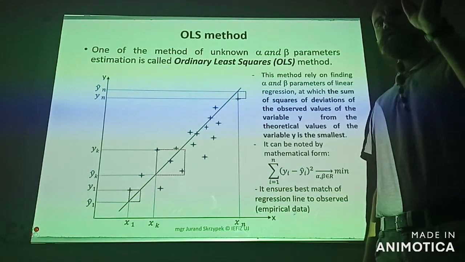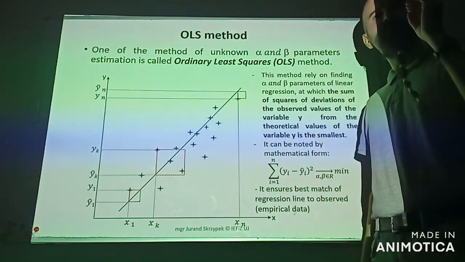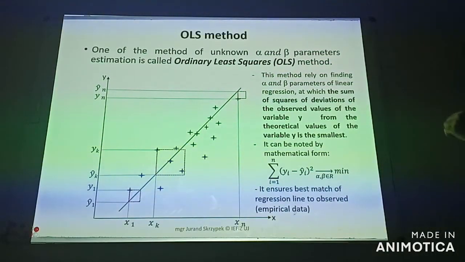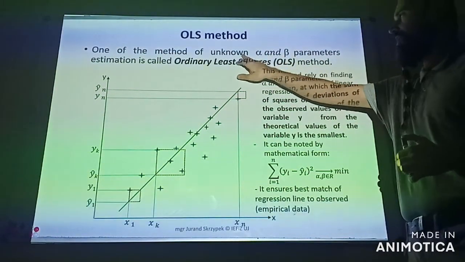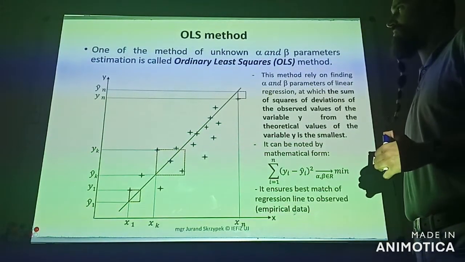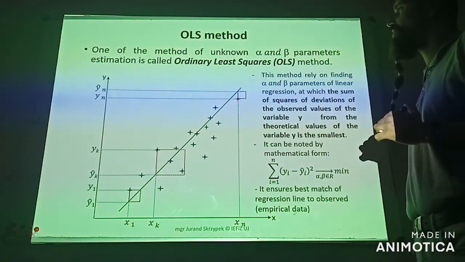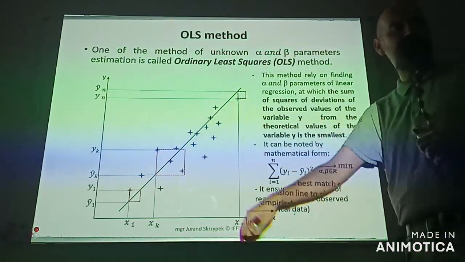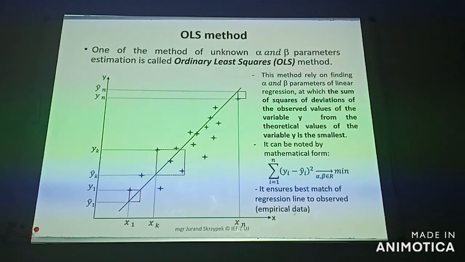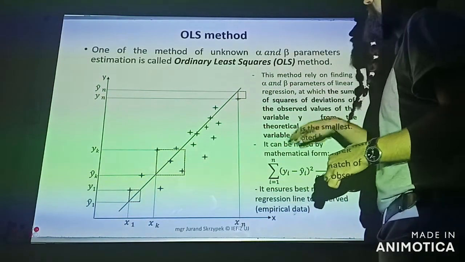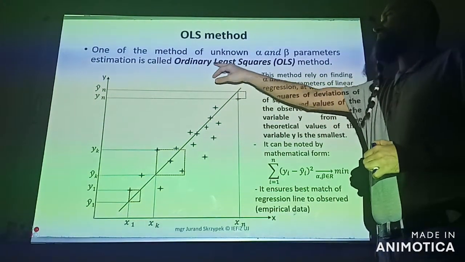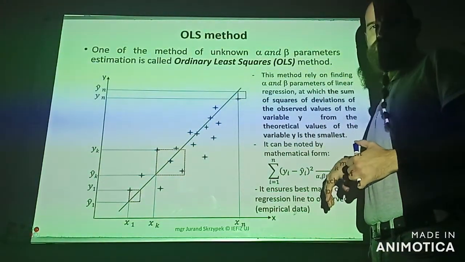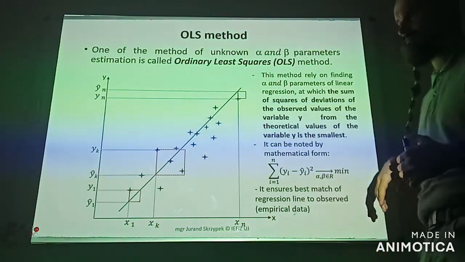I need an objective mathematical tool which will help me in finding the unknown alpha and beta parameters, in alpha and beta parameters estimation. One of the methods of the estimation is called the ordinary least squares method. Few words about the procedure of this method.